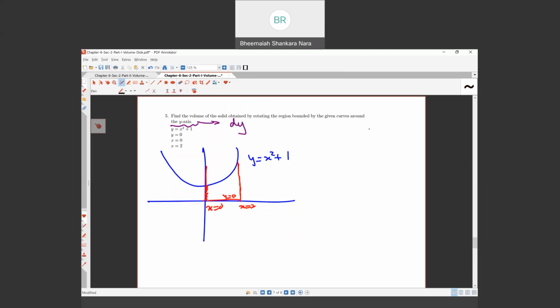So we have y equal to x square plus 1. Rewrite this as x square equal to y minus 1.